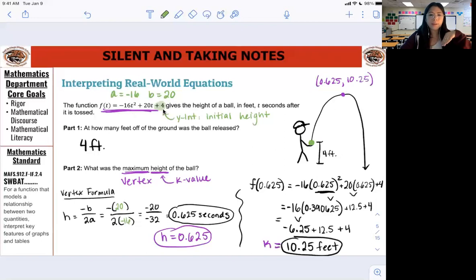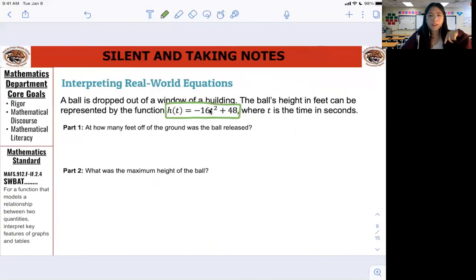Now here, negative 16 is my a. So a is negative 16. There is no b, but there is a c, which is 48. So c is still the y-intercept. That is still the y-intercept right here, 48. Which means how many feet off of the ground was the ball released?